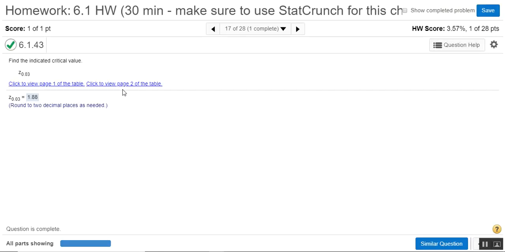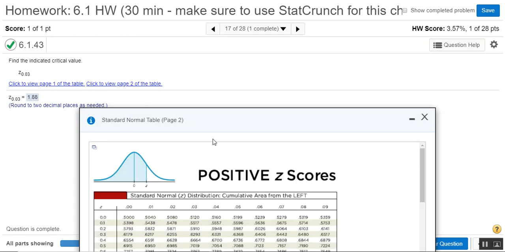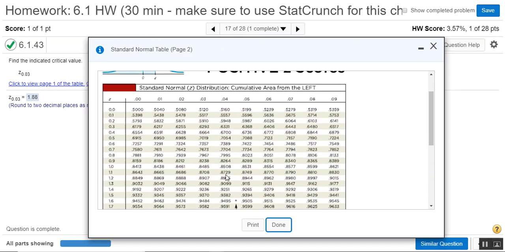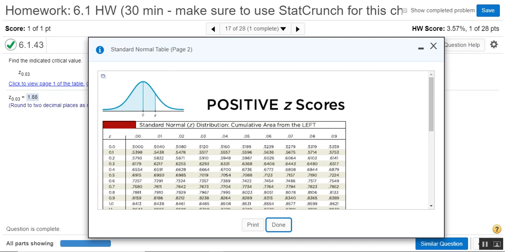Another way to do that is you can open the table. So let's take a look at the table. First of all, you do know that this is what we are looking for, right?